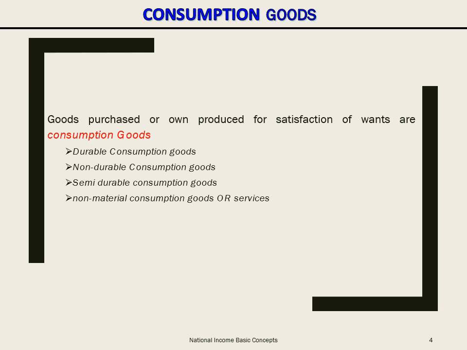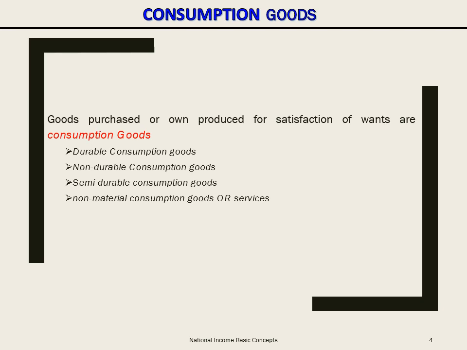Durable consumption goods are those goods which provide their services over a period of time. For example, a washing machine, a sound system, a microwave oven. So any consumption good which can be used over a period of time is called a durable consumption good. Non-durable consumption goods are those goods which satisfy your wants, and as you use that particular commodity, it gets completely used up.